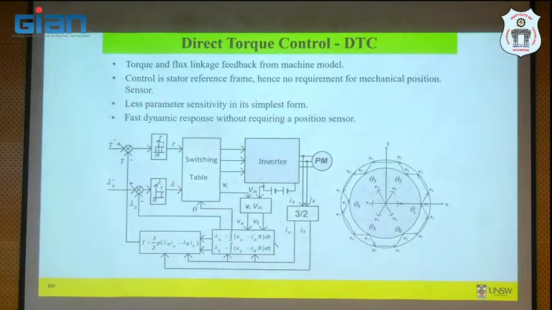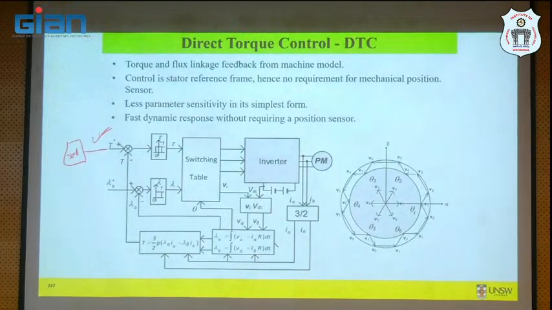Your main purpose is to get certain torque, right? So you are controlling current, so you are indirectly controlling the torque. Whereas in direct torque control, your command could be a torque. You could have a speed controller here. Output of that speed controller will be torque. Okay? And the other component is flux.